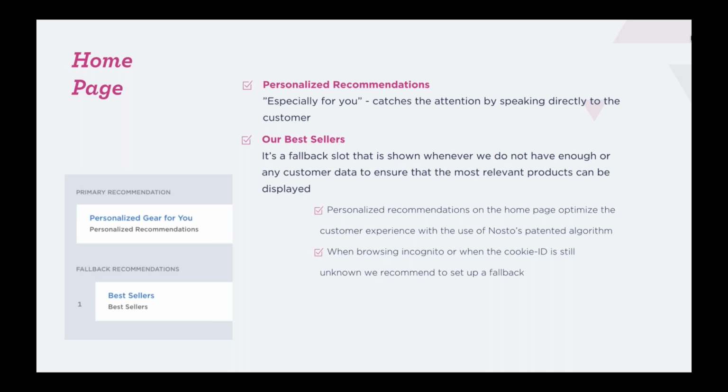And in case there is a new customer and there is no browsing history from this customer, we cannot show personalized recommendations. Therefore, we suggest creating a fallback recommendation to the personalized ones. So in case there is no data for the customer, it will simply fall back onto bestsellers in your store, and this pretty much acts like a point of start, like an inspiration for your customers who don't really know what to expect when they land in your store.